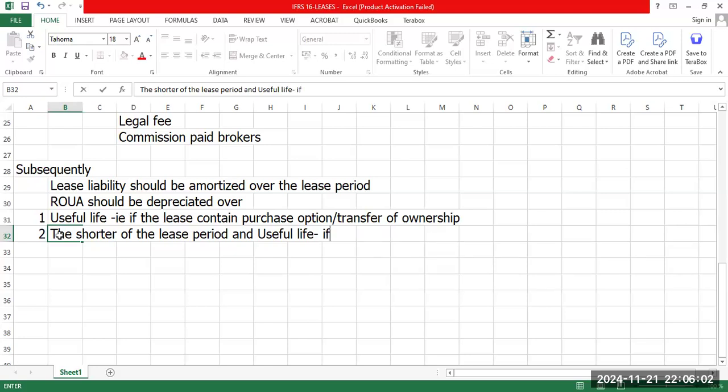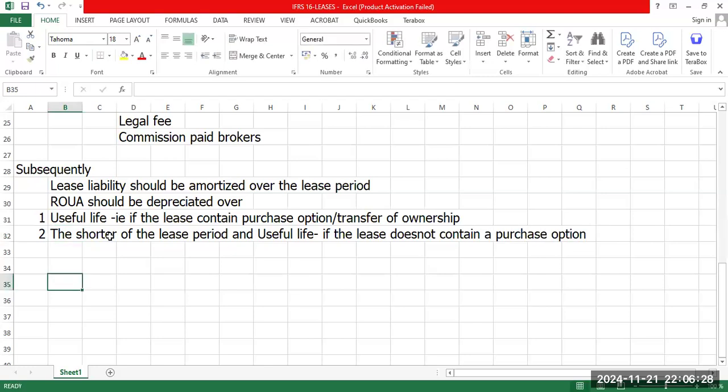So we need it confirmed. We need to read the question carefully and see whether we are told that at the end there is transfer of ownership, or whether the question has a purchase option or not.